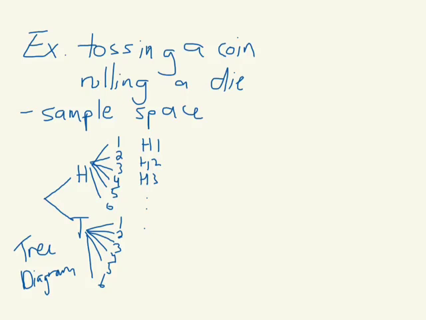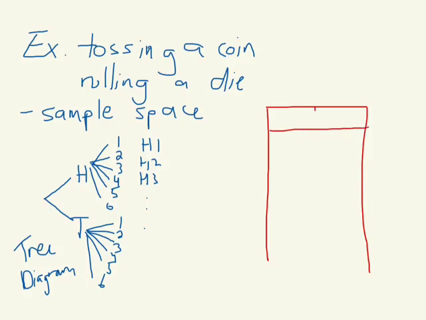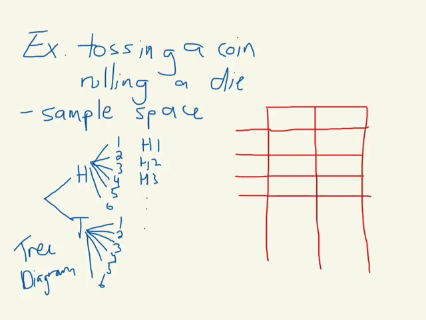Another way would be by using a table. On the top you would have listed the possibilities for one event, and along the other side, you would have listed the possibilities of the other event. So 1, 2, 3, 4, 5, and 6. Then we just fill in the chart.